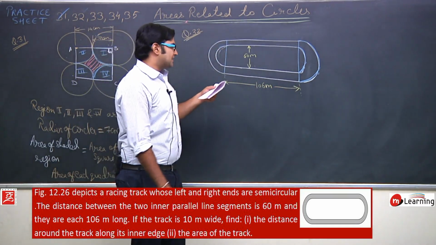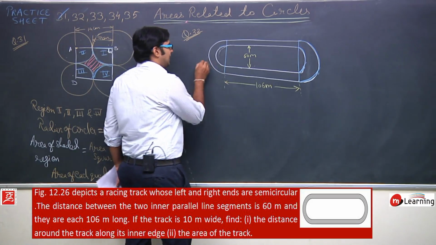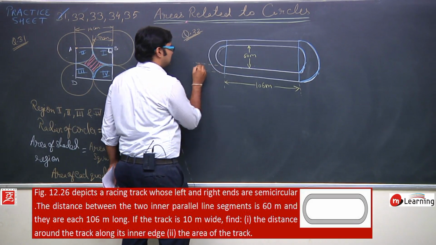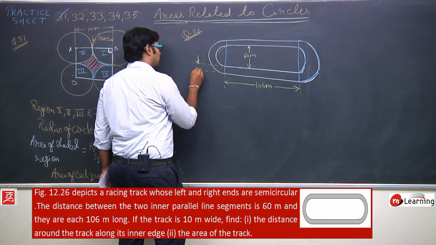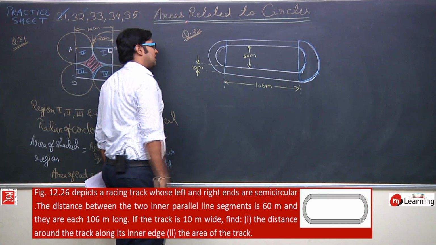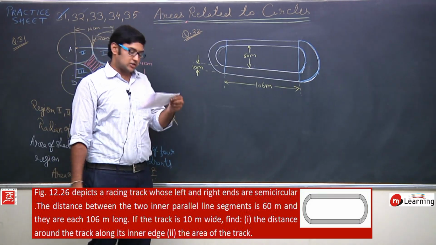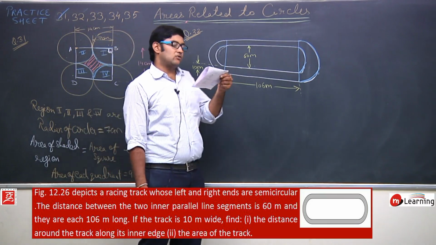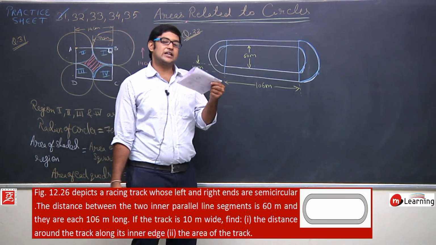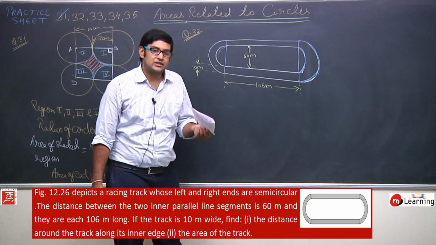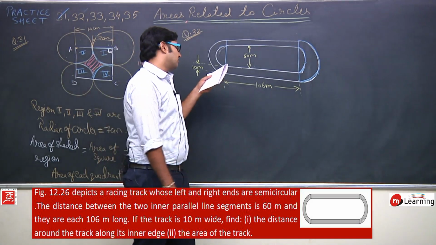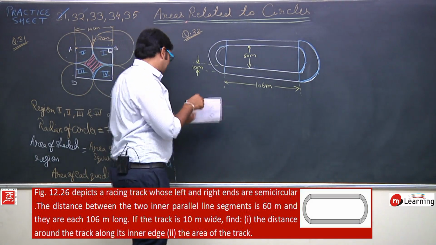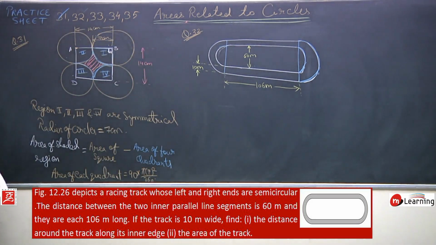Then if the track is 10 meter wide, so the width of the track is also given. The width of this track is 10 meters. Then you need to determine the distance around the track along its inner edge. Now what does this mean? It means I need to calculate this distance.